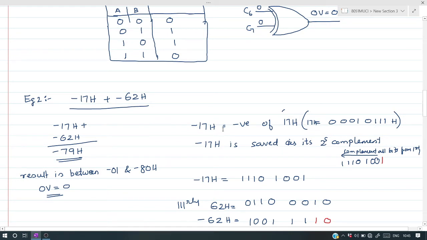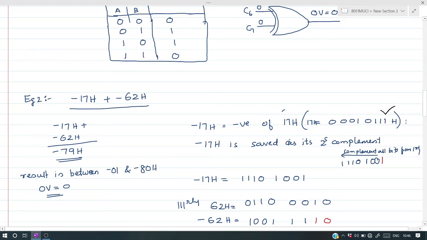We know minus 17h is the negative of 17h. 17h is represented in this way in binary form. Minus 17h is saved in the computer system in 2's complement form. To obtain the 2's complement, we start from the right and look for the first one.